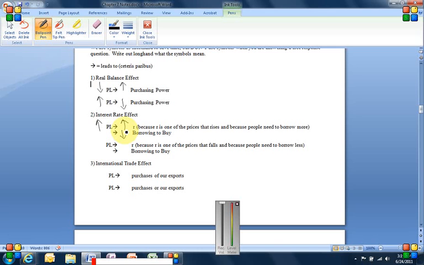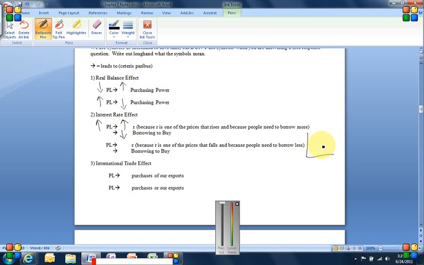So if all prices are going up, one of those prices is the real interest rate in the loanable funds market. As that price starts to go up for long-term loans, loans of more than 1 year, fewer and fewer people can afford to take those loans to buy stuff. Prices are going up, and one of those prices is the real interest rate. People like me that might be thinking about buying a new car or buying a new home, these kinds of things that you need to take loans for the long term, can afford that less and less.